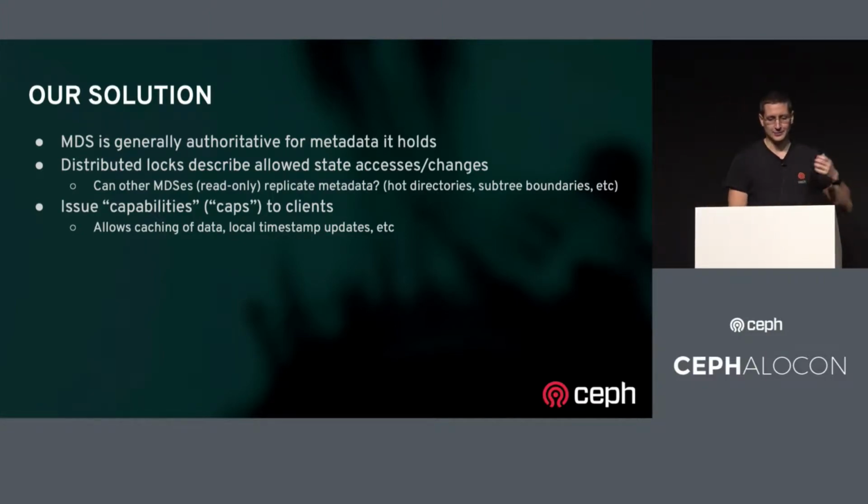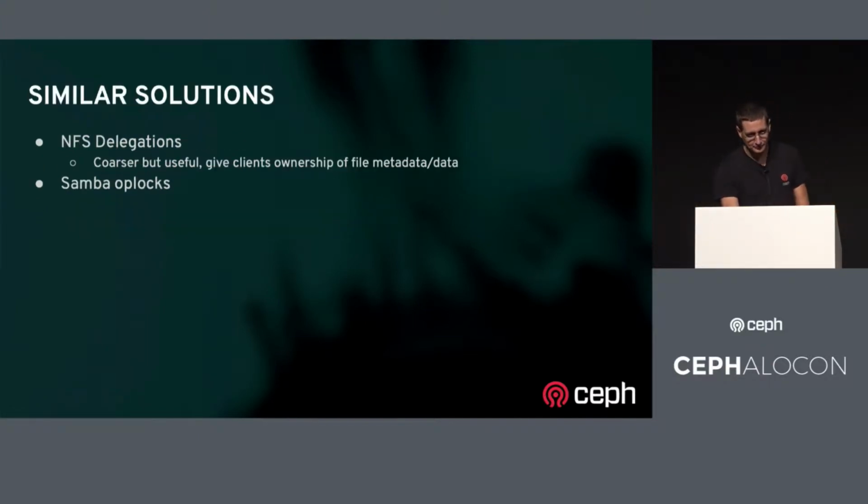And then, in particular, and this is important, the MDS that is authoritative can issue capabilities or CAPS to clients that delegate some of that authority, so that if you have a client do a lookup and ask for a stat on a file, it can cache that stat and serve it again the next 10,000 times your really dumb process asks for it that second, rather than having to send a network round trip every time.